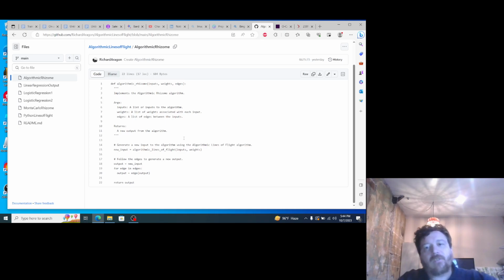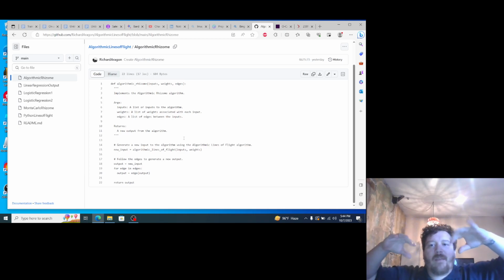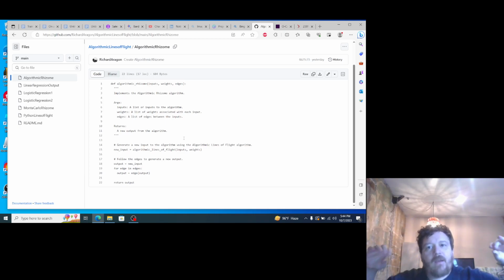You still pick a starting point at random, but our goal is to tune the outer weights, and keep tuning until we reach what the algorithm establishes as the perfect tuning in this instance, and that's when it executes and stops. So we're giving it a non-logical output, an output that has no actual beginning or end, and that's what the rhizome is, and that's what lines of flight are.